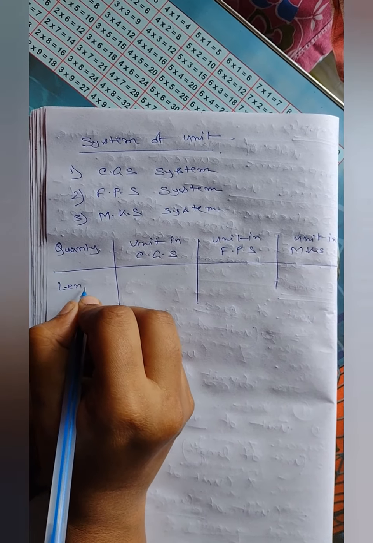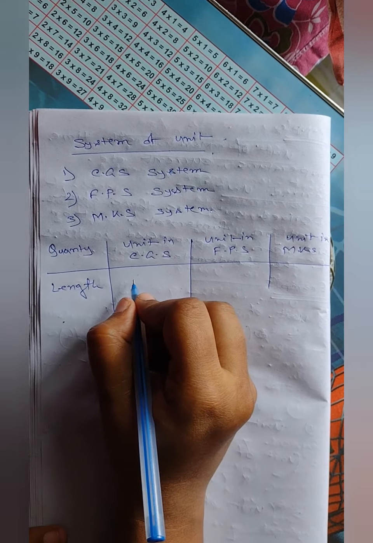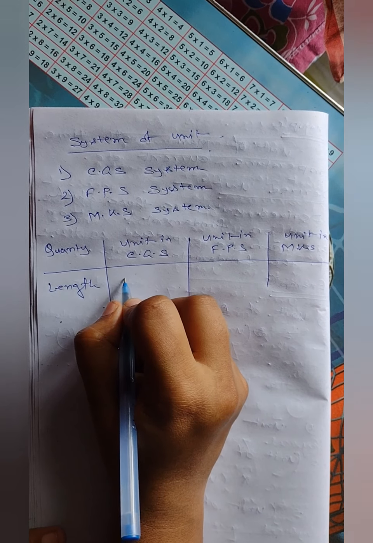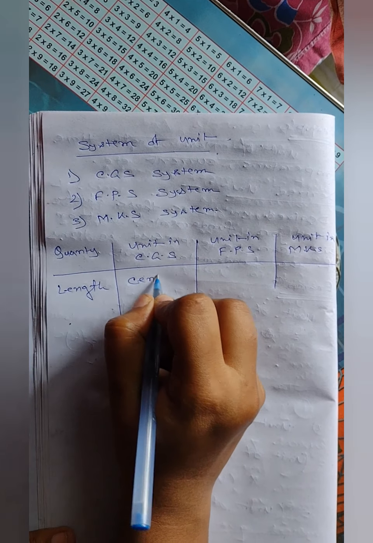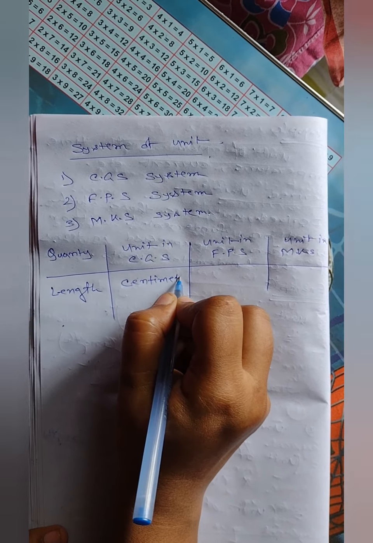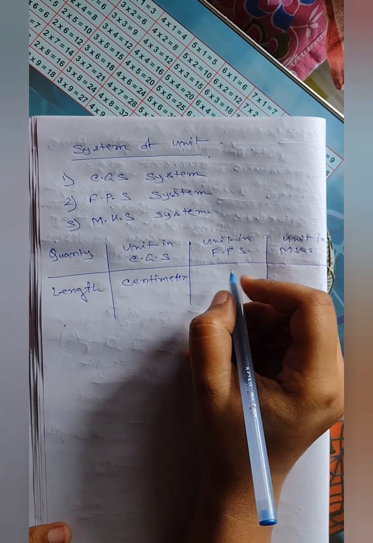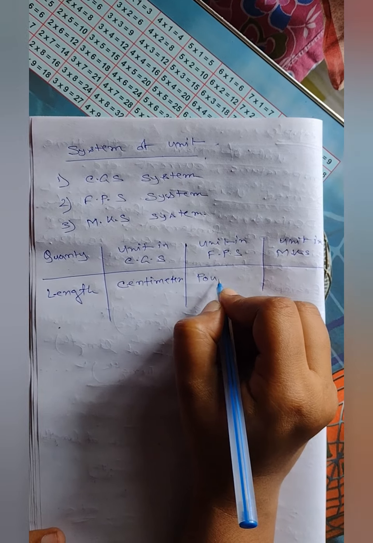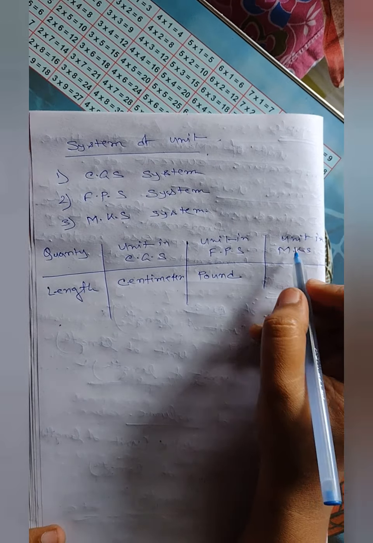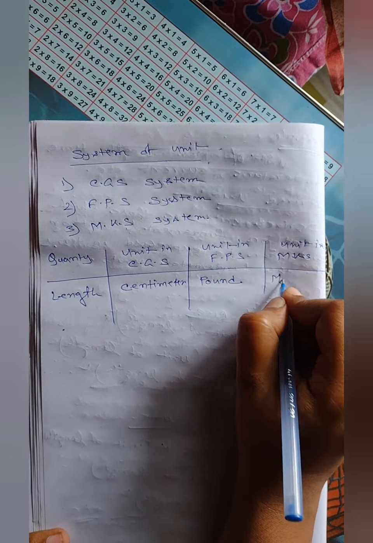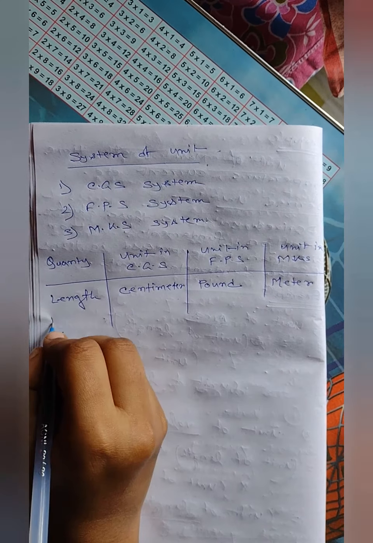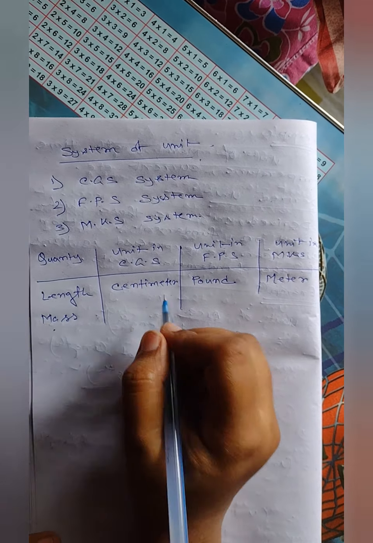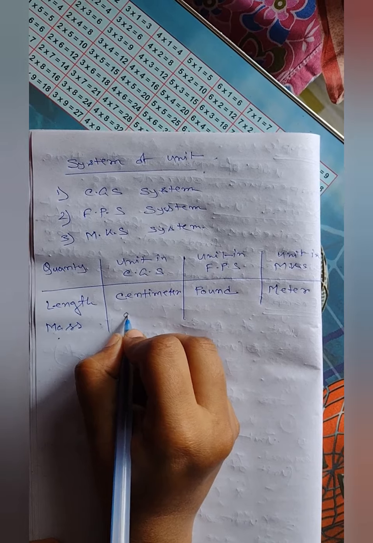For the length, unit in CGS will be centimeter. For FPS, foot. And for MKS, meter. Mass: for CGS, gram.